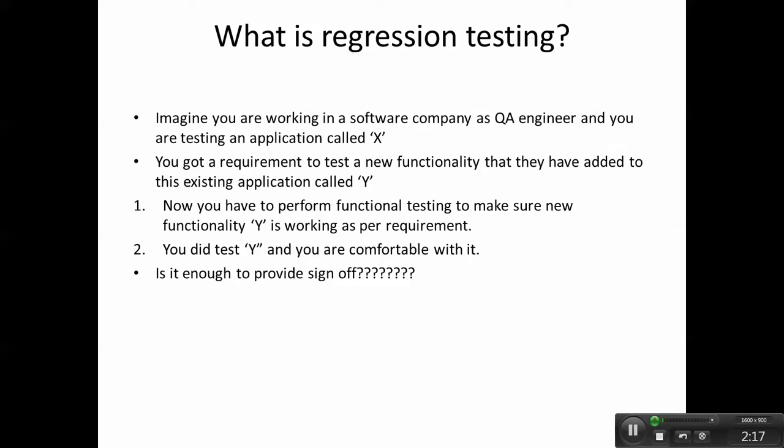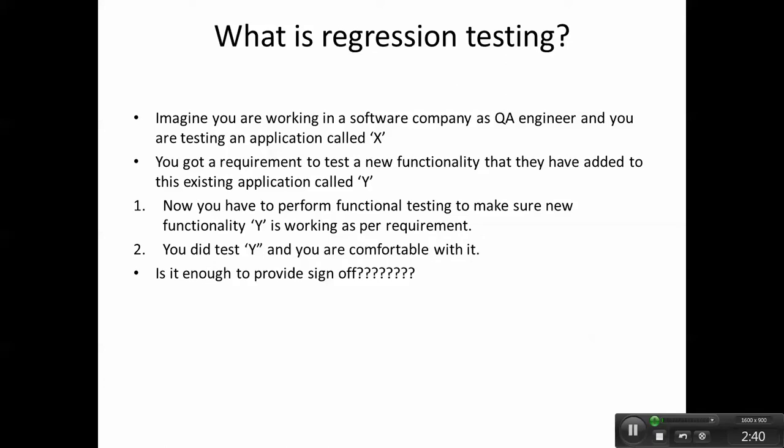Now at this point of time, you have covered all the positive and negative scenarios. Any open defects with respect to Y have already been closed, and you are pretty much comfortable with the new functionality being added. You are happy that it is working fine. You absolutely have no issues with the new functionality.